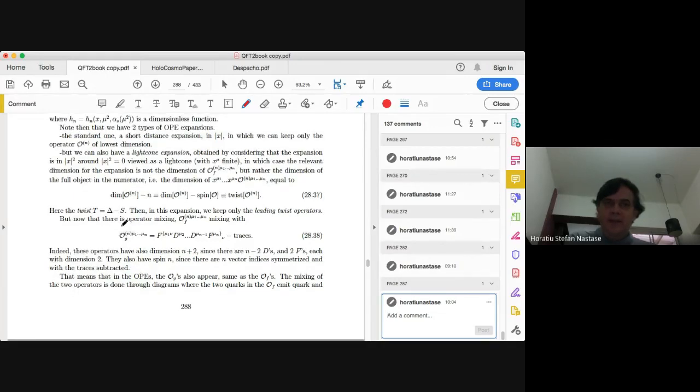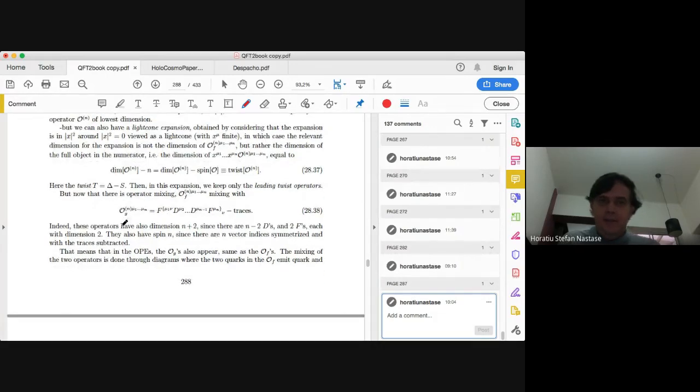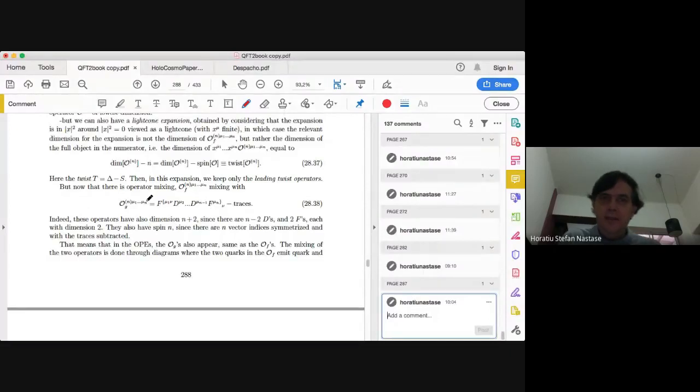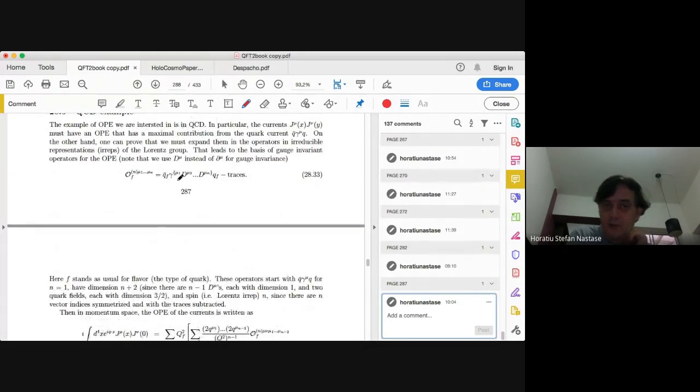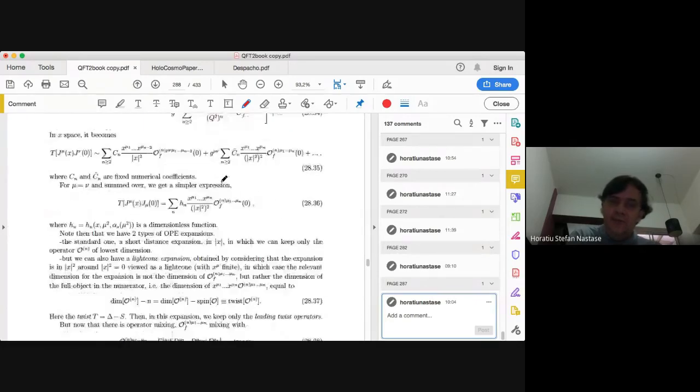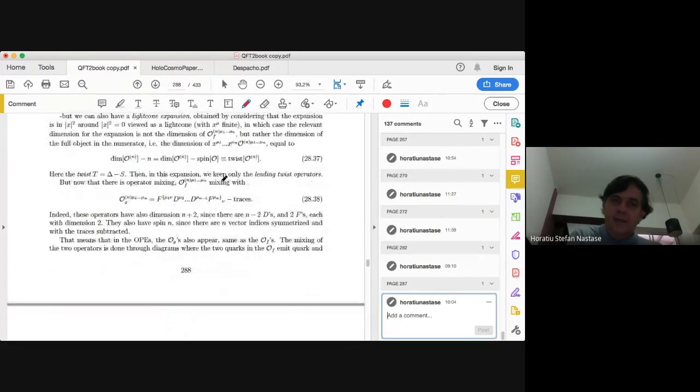Now there's another thing to consider in the example of QCD, the operator mixing. So I talked about this particular operator with Q bar, gamma mu, derivatives Q. But this can also mix with an operator without quarks.